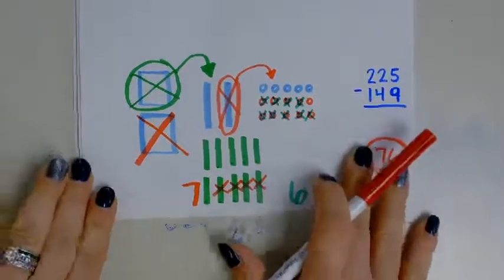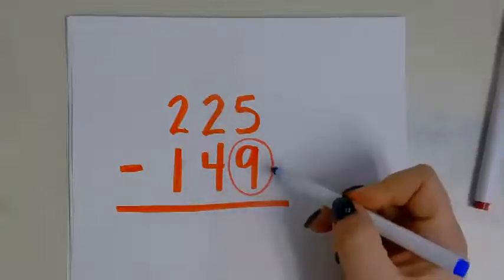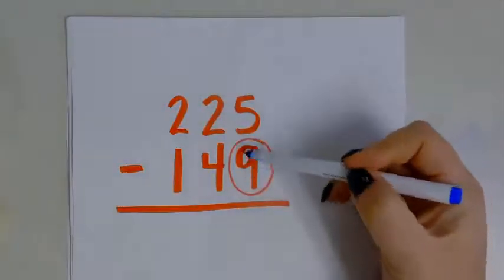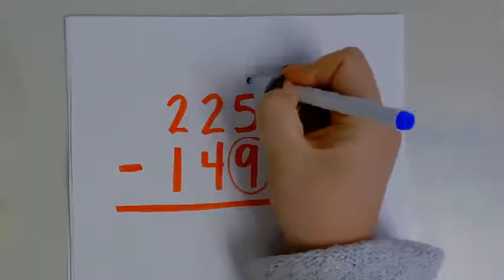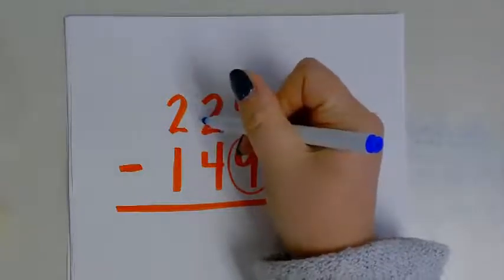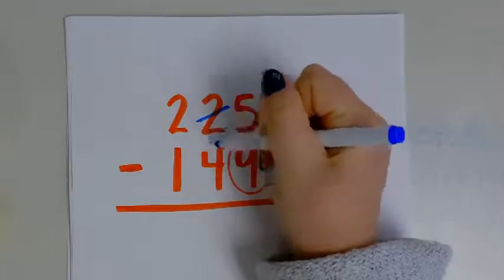Okay? Now let's do it up here with our regrouping the way that we've learned. So we know that we start in the ones place. And when we start in the ones place, the bigger number is on the floor. So we go next door and get 10 more. What that means is we take away one group from here.